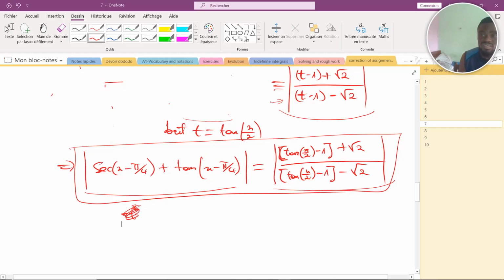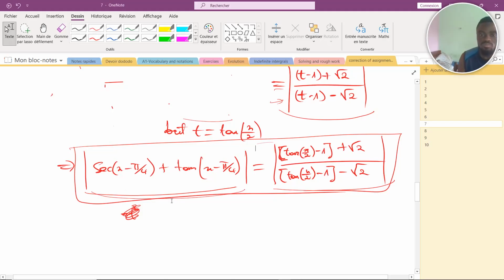That's the first hint. The second thing is you can always prove these things by transforming what you want into an expression in terms of t that you simplify, and then come back and substitute your t to get the final expression.